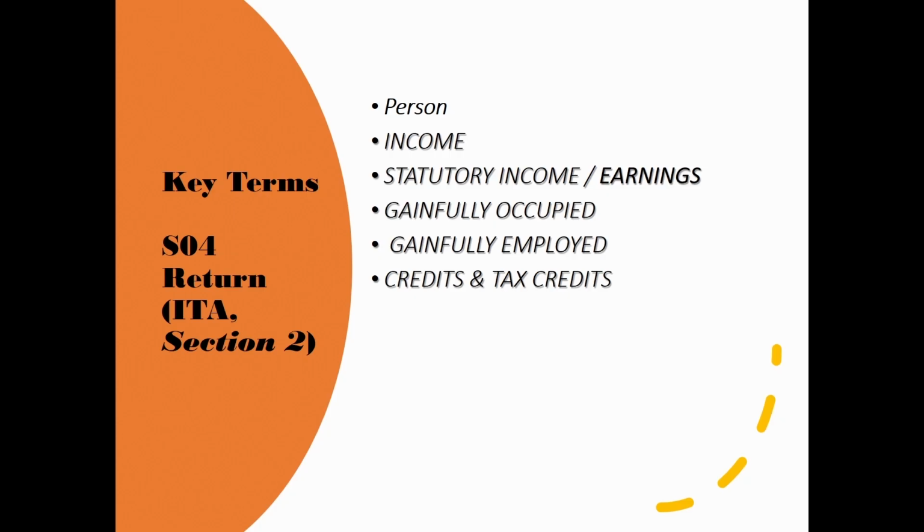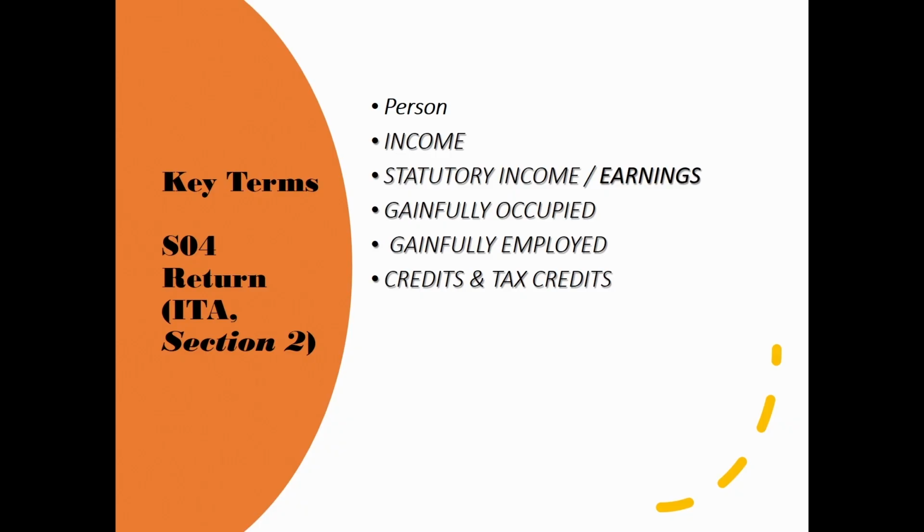So, income is very wide because you can have income from a lot of sources. You have income from employment, you have income from self-employment, you can get income from investment, you can get income from real estate, and the list goes on and on.